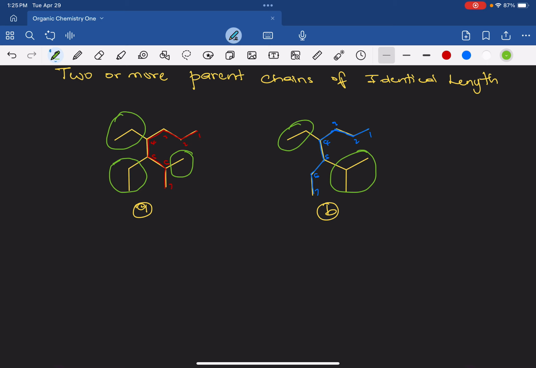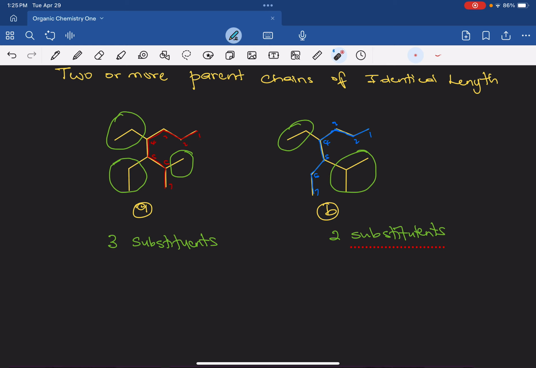So I have 3 substituents here, or branch groups. Over here, I only have 2 substituents. So if you run into a situation like this, where the molecule has 2 parent chains of equal length, you need to go with the option that has the most substituents.